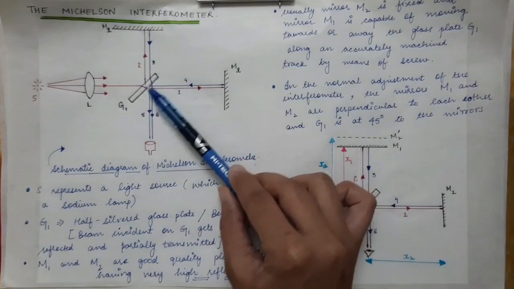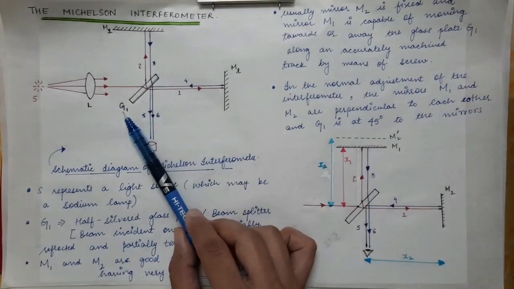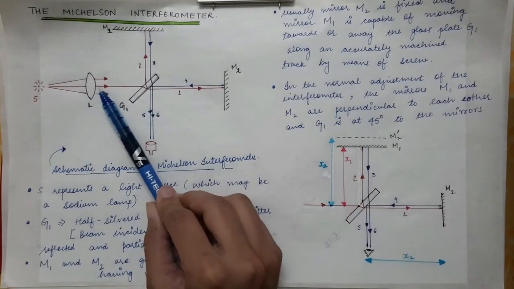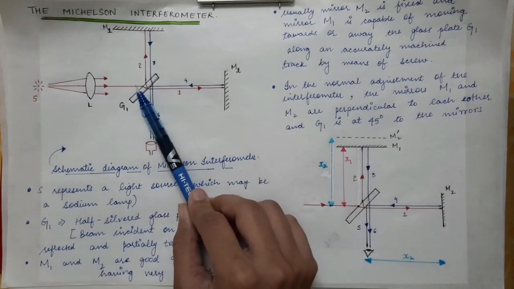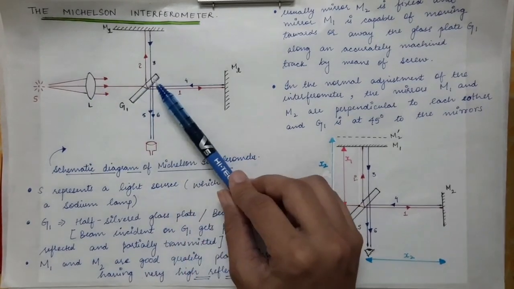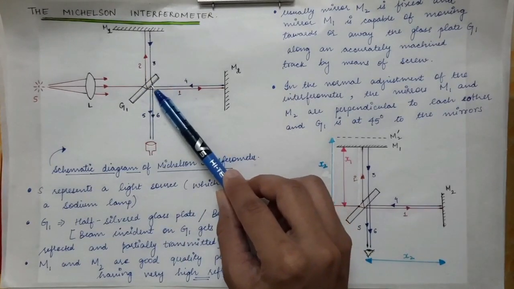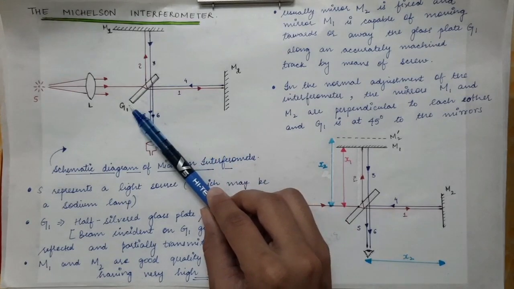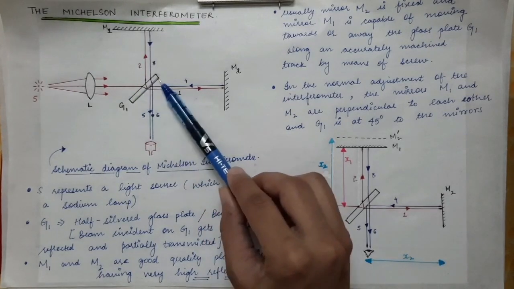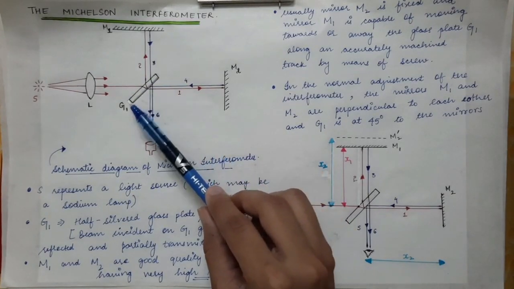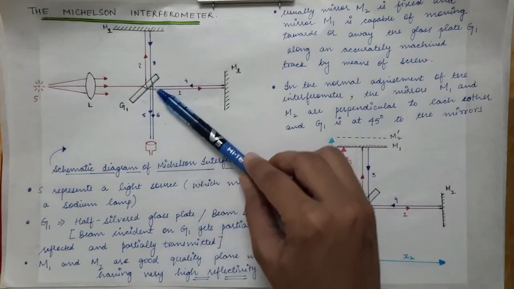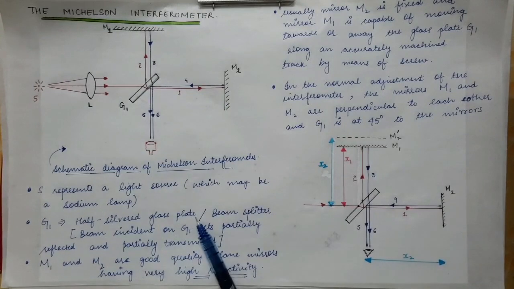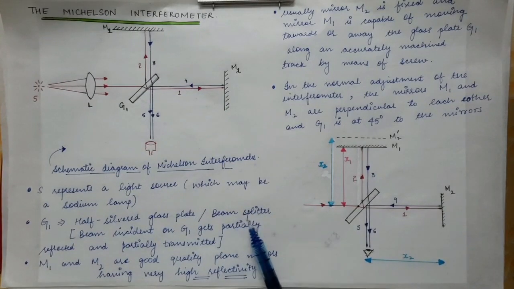Here the plate which is represented by G1 is a glass plate, and the light which falls on this glass plate gets transmitted and also gets reflected from the lower surface, which is the rear side of the glass plate. This rear side, the downward side of the glass plate, is coated with silver. So it is a half silvered glass plate, also called a beam splitter.